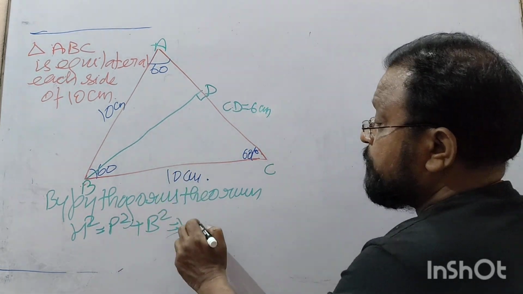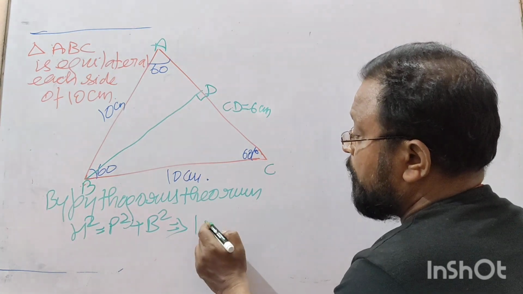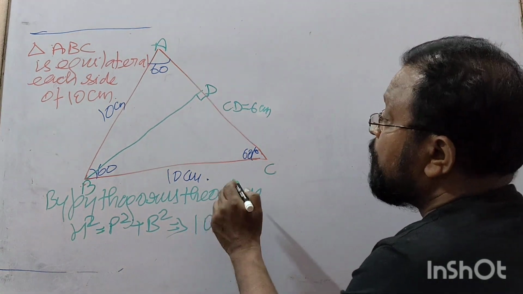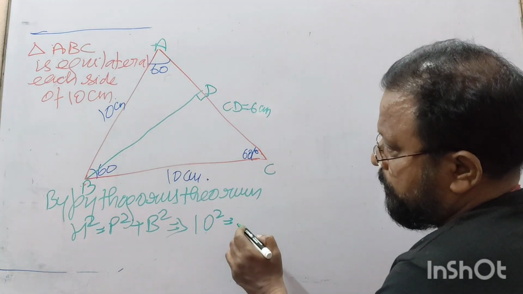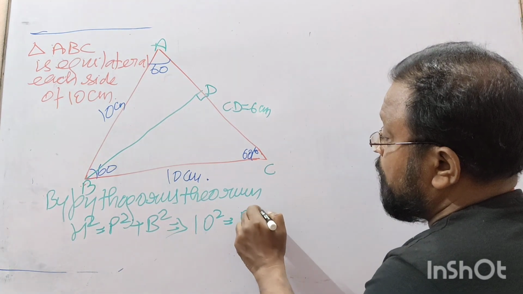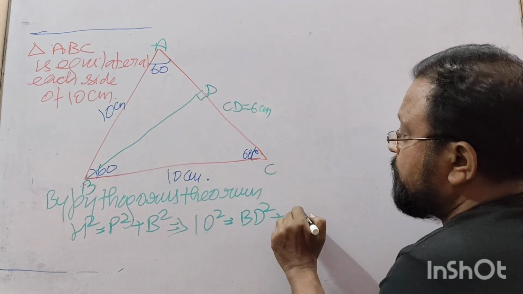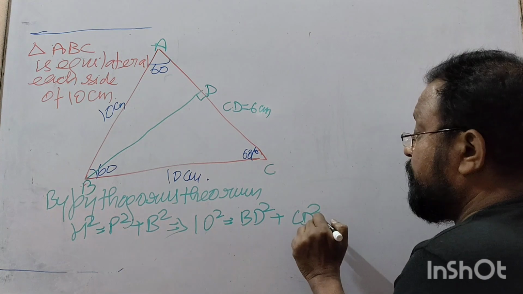So hypotenuse 10 square is equal to BD square plus CD square.